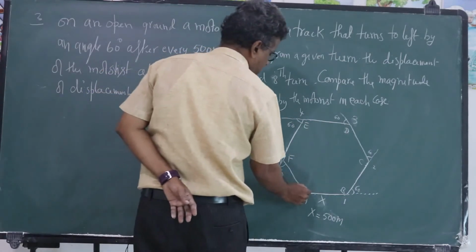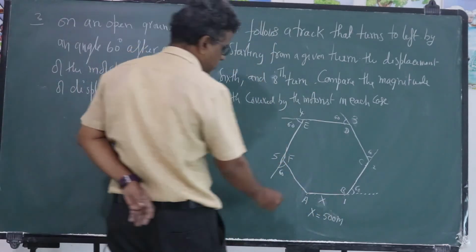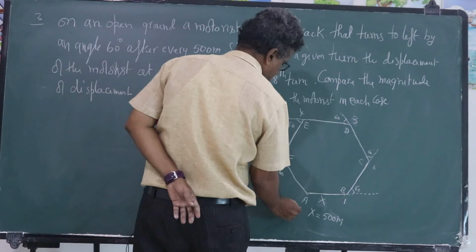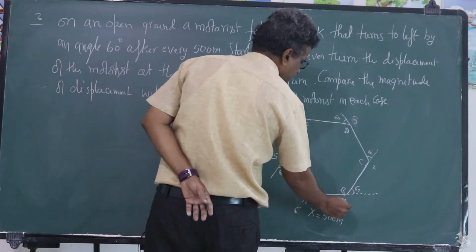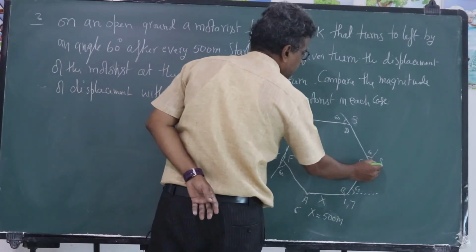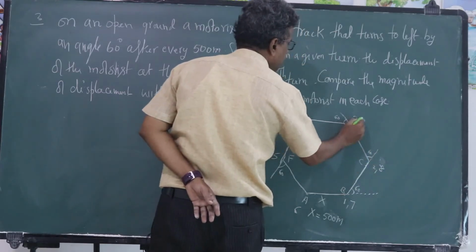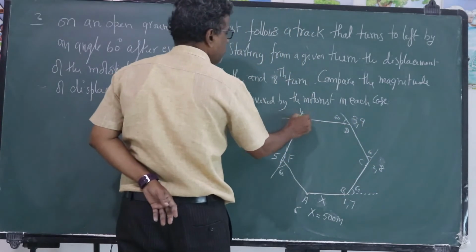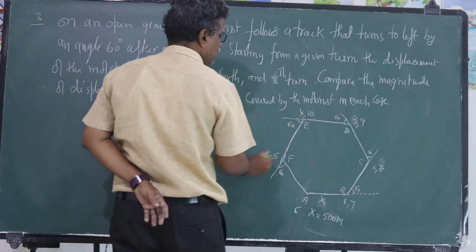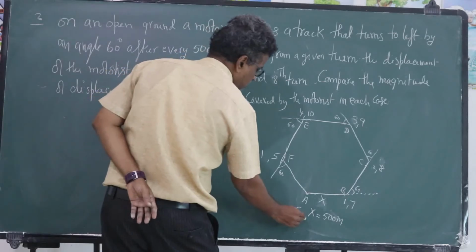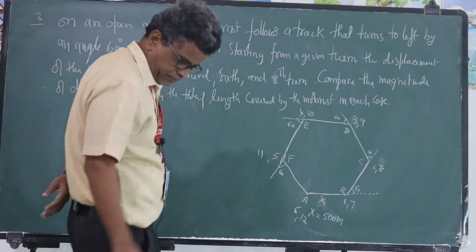Again he reaches this point and takes the sixth turn, then the seventh turn, eighth turn, and so on up to the 11th and 12th turns.